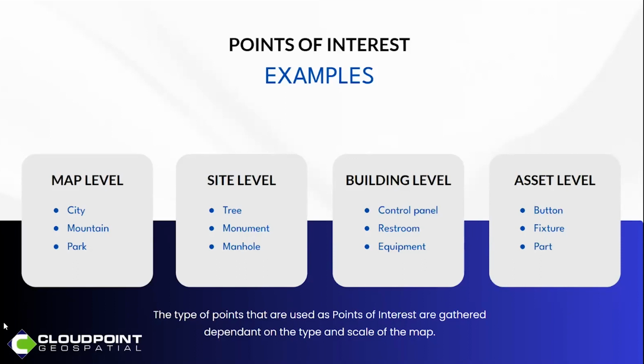And then we can even take it to another level with an asset level point of interest, that might be a button or a fixture or a part within a room. An example: if you wanted to get to the level of electrical fixtures, you might have a light switch represented by a point of interest. So there are a lot of different points that you can use those for, but that's really going to depend on the type and the scale of the map that you're looking at.